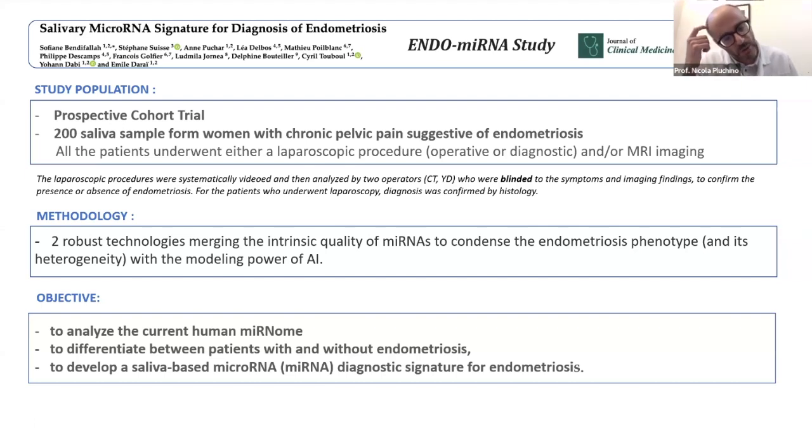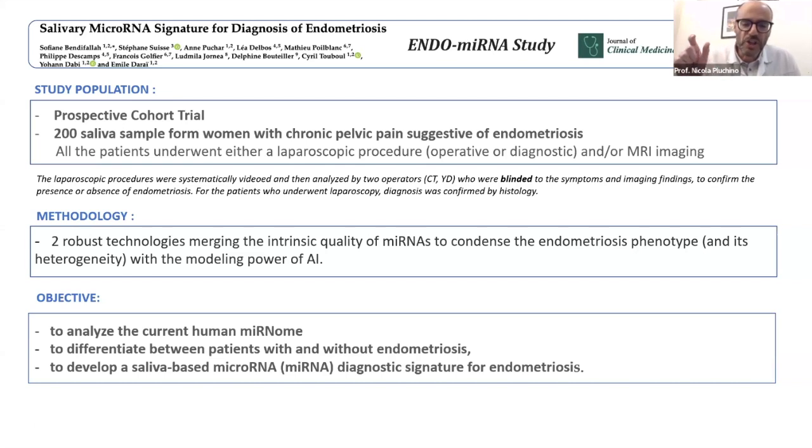It was innovative because they quantified the microRNA in the saliva through a next generation sequencing platform, and I will show that in a few seconds. They also used a special protocol for statistical analysis and modeling with the use of artificial intelligence.